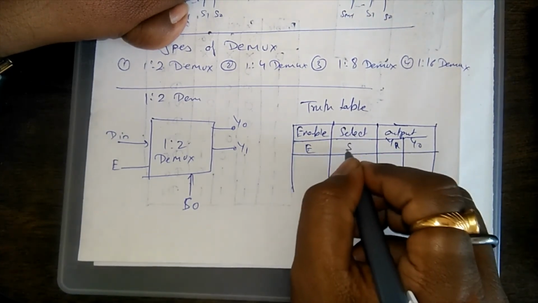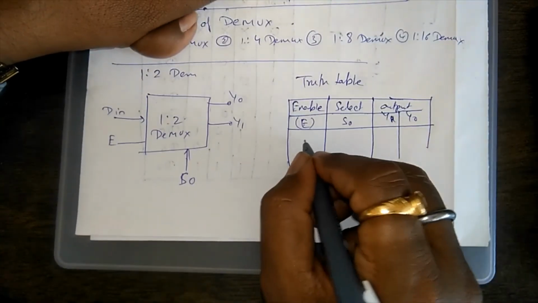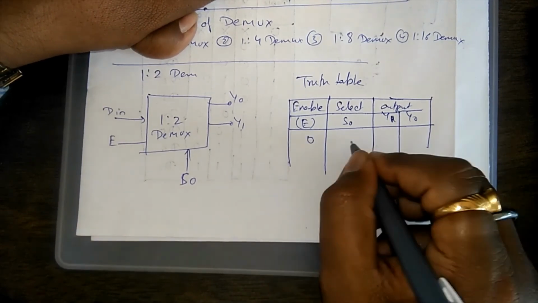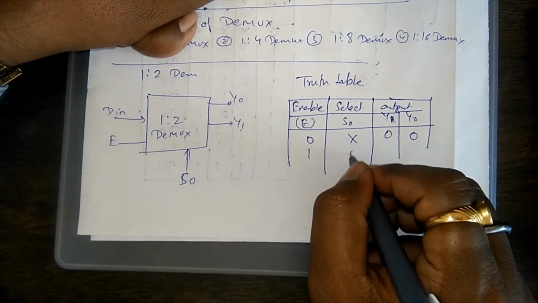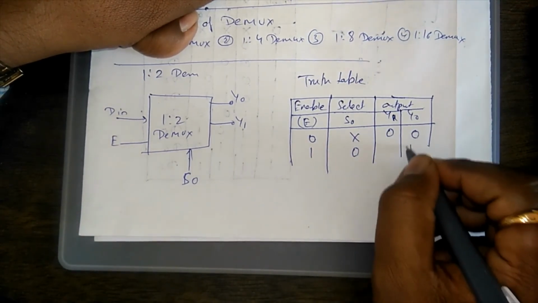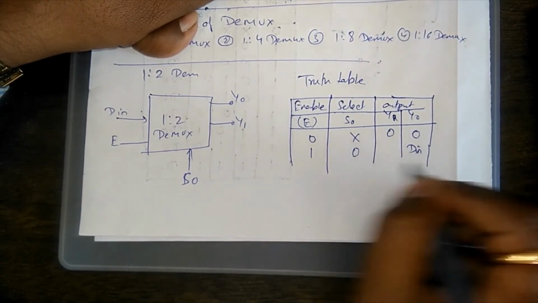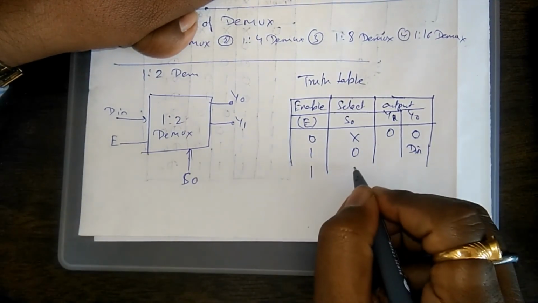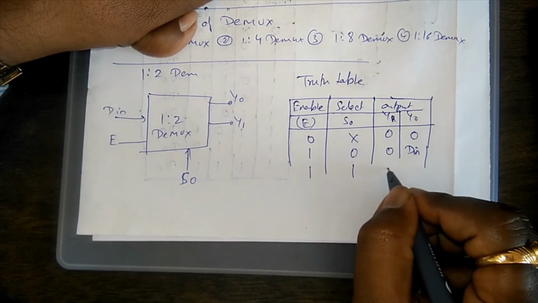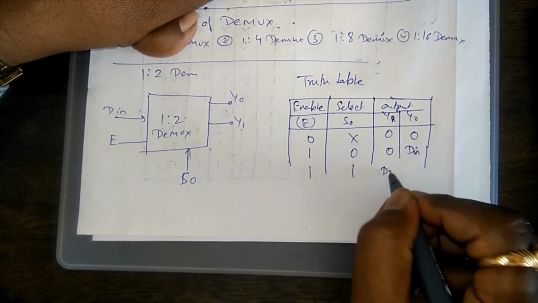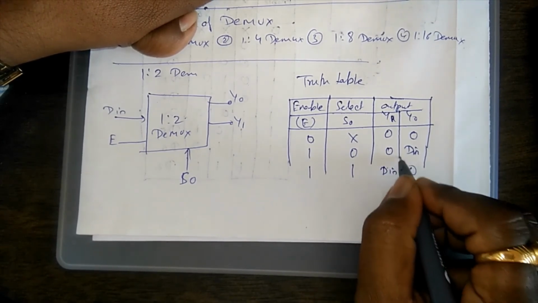E and here S0. When E is 0, whatever the select line may be, the output will be 0 and 0. E is 1, S is 0, output will be Y0 equals D in, because D in is there. E is 1, S is 1, here again D in and here 0.